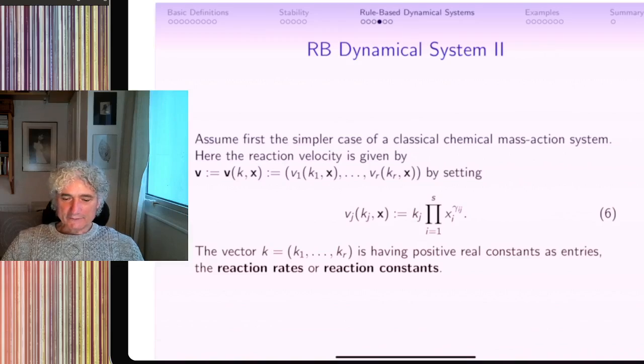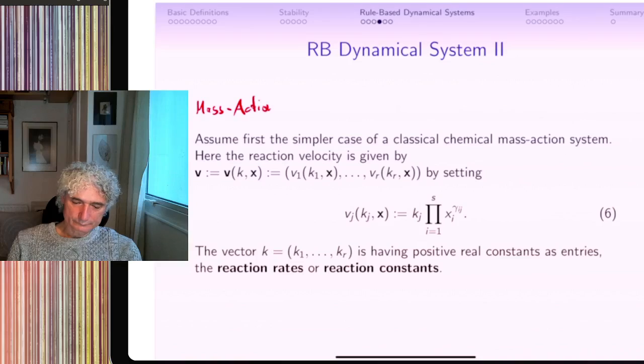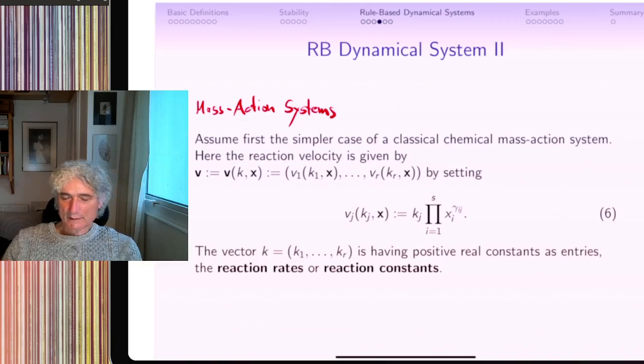Now we have to introduce what is usually called mass action systems in the literature. So let's write it down. The reasoning is very simple. You again assume you have collision update in reality.